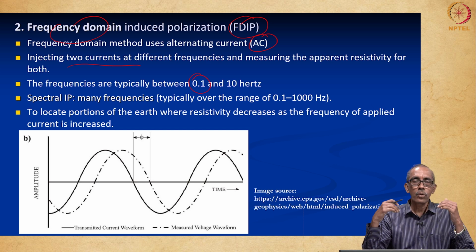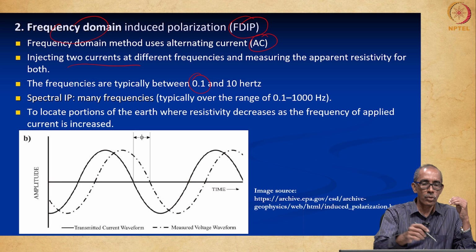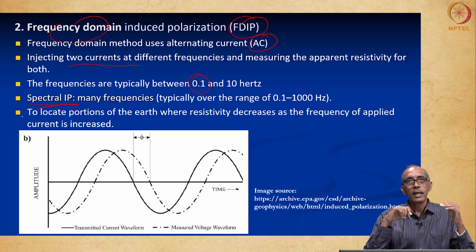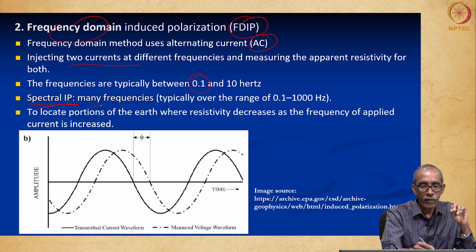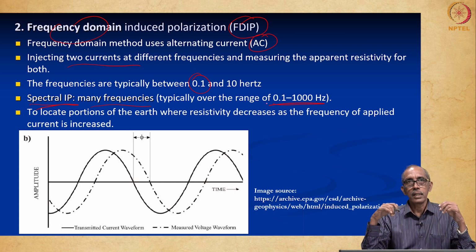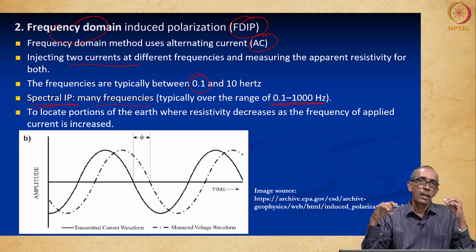And here too there is one advanced method, which is known as the spectral induced polarization method. Here, rather than applying current in just two frequencies, we apply current in different frequencies ranging from 0.1 to 1000 hertz, right. This is how frequency domain is different from the time domain method.